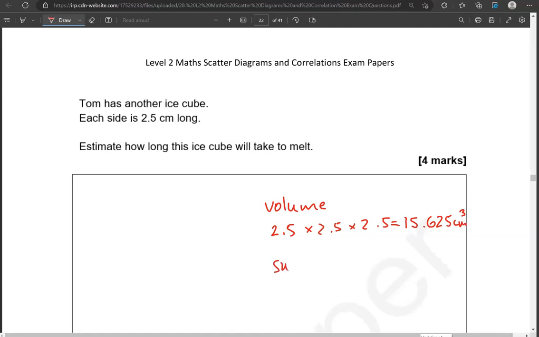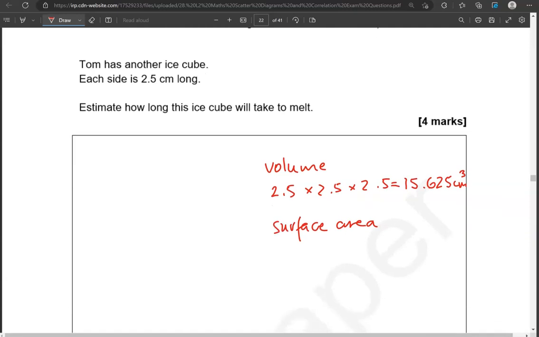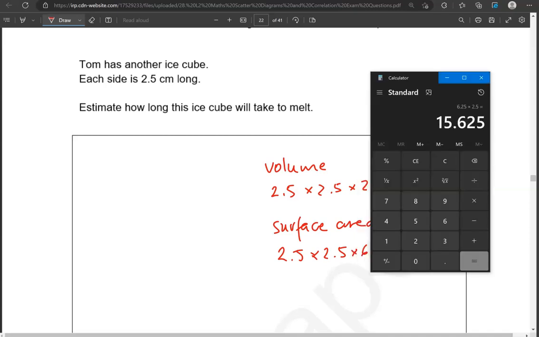Surface area, that is the combined area of all the different faces. So one face will be 2.5 times 2.5, and we know that a cube has 6 faces, so we're going to multiply that by 6.